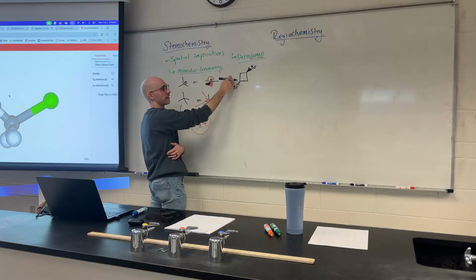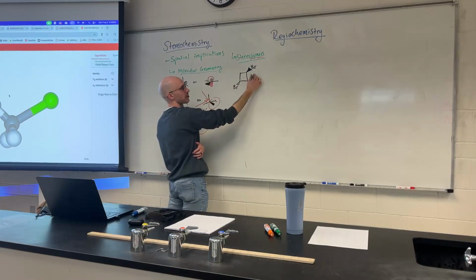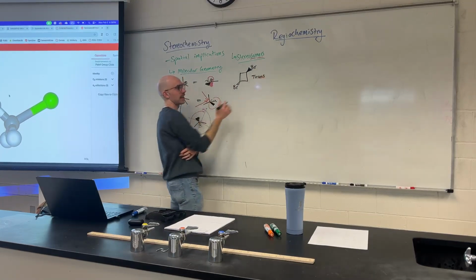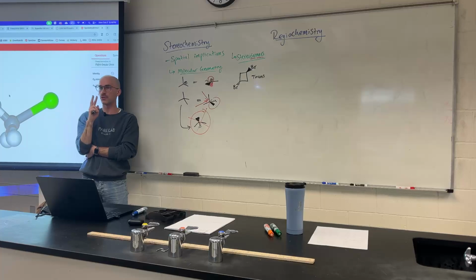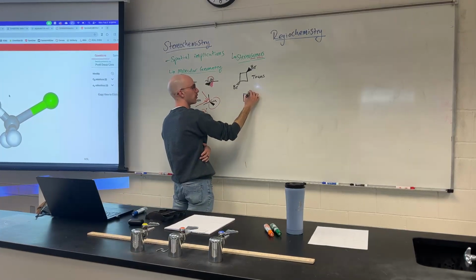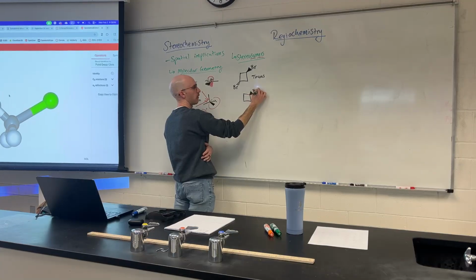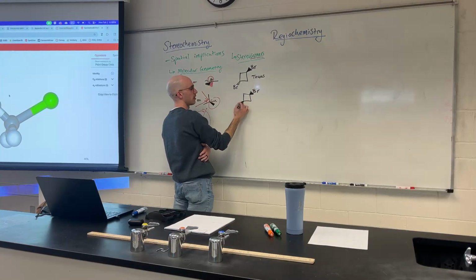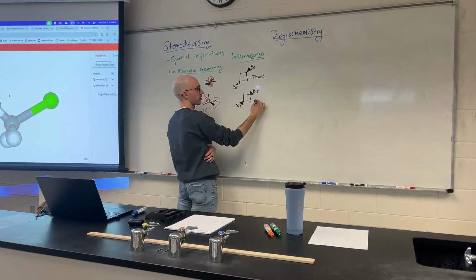One up, one down, one wedged, one dashed. And we call this a trans configuration of those two groups. That is a different molecule than when both bonds are wedged or both bonds are dashed.